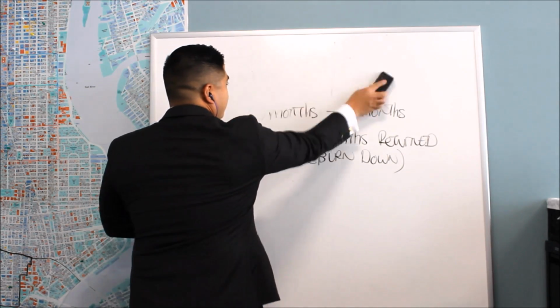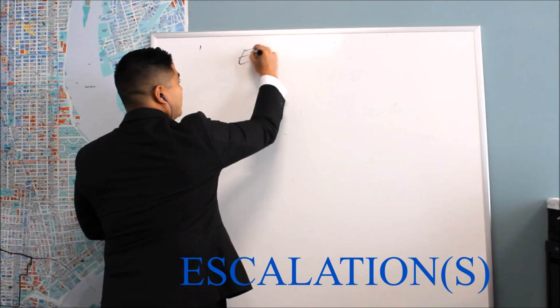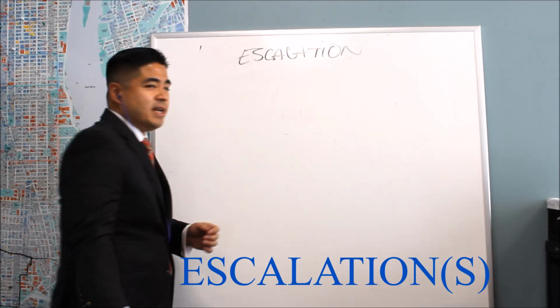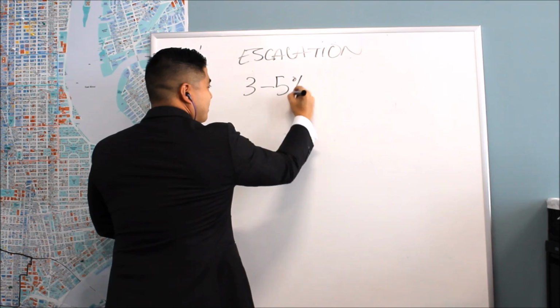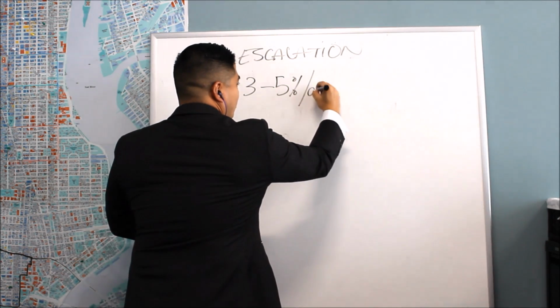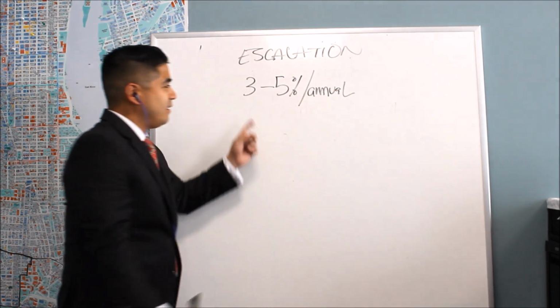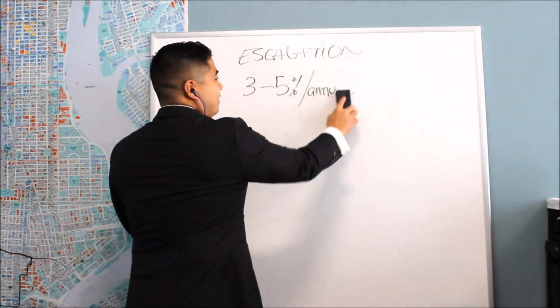And then finally, the thing for you to all know is that there are escalations. Every year the landlord is going to want the rent to go up. So that's called an escalation. You can expect a 3 to 5% annual increase, per annum.